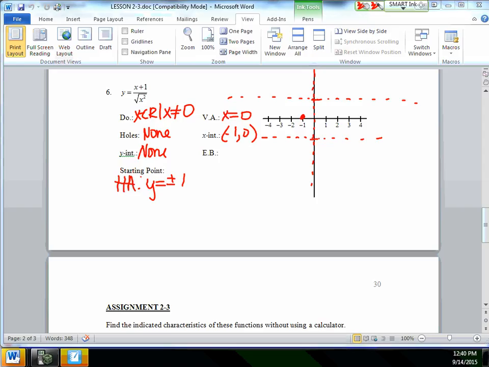There's no x-intercept, so I know I can't be here. And if I didn't know, we'll plug in a value. If I plug in 2, I get positive over positive, so I know I have to be up here. So this asymptote actually just stopped right there.